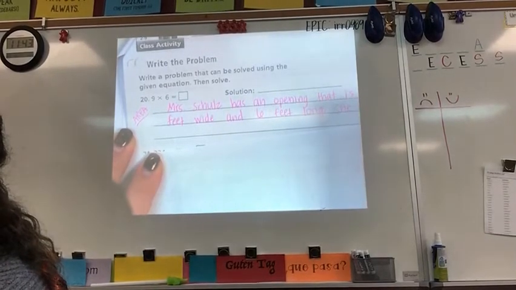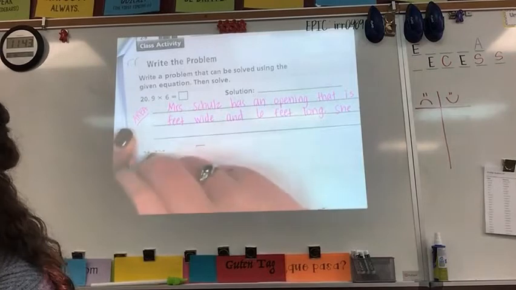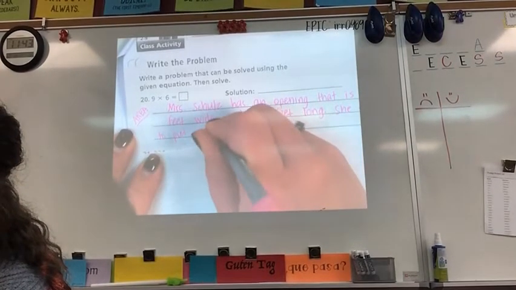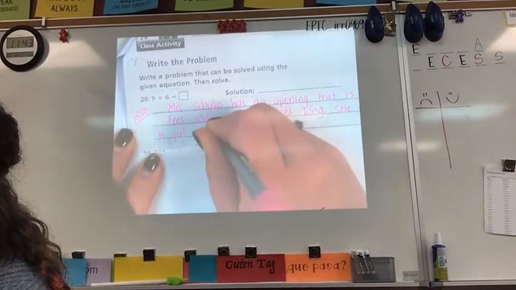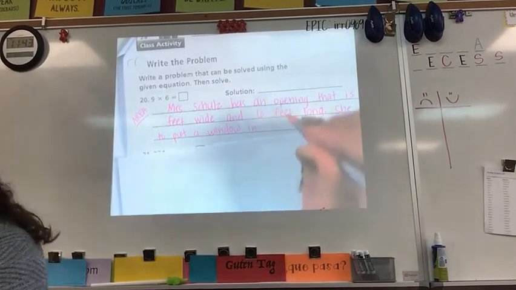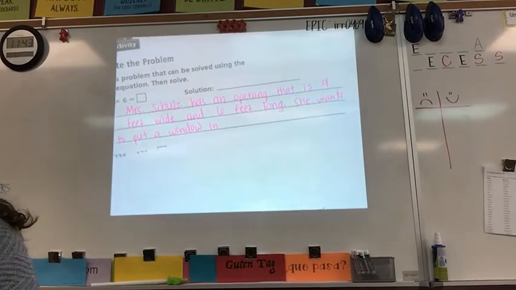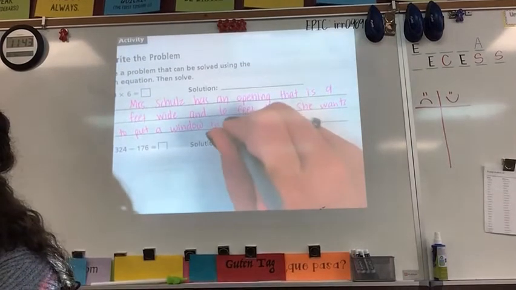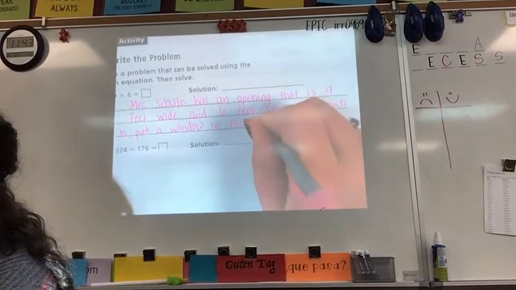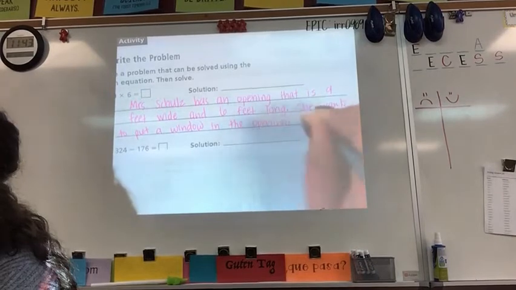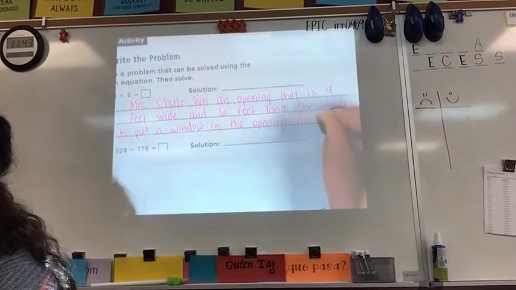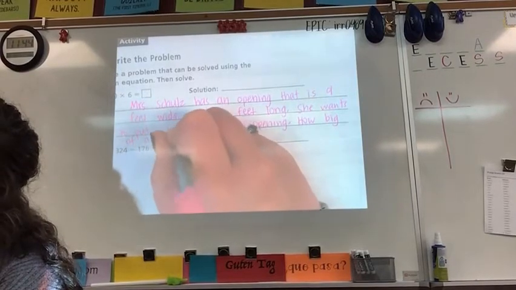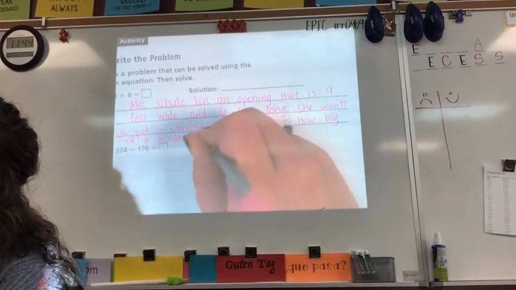She wants to put a window in the opening. This is kind of true. We kind of have like a little window in our kitchen. Let's see. I'm getting it all sorts of crooked. There we go. In the opening. How big of a window does Mrs. Scholes need?